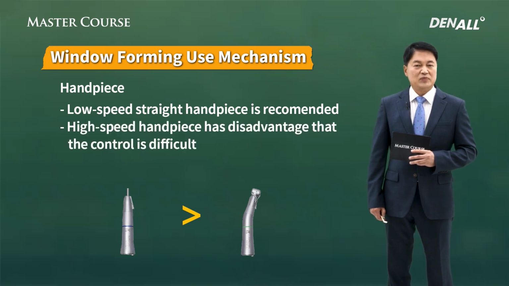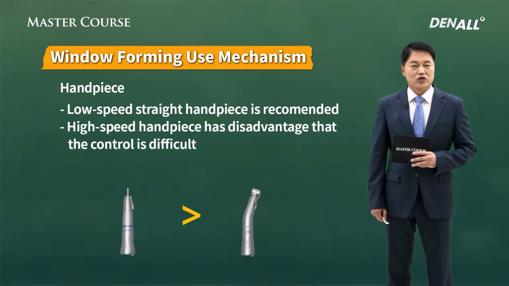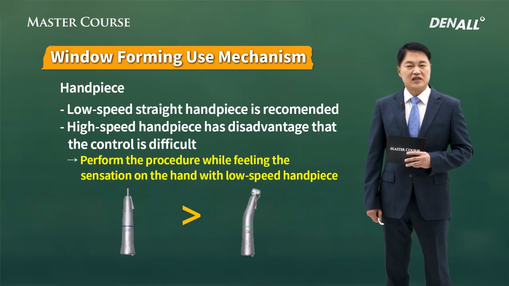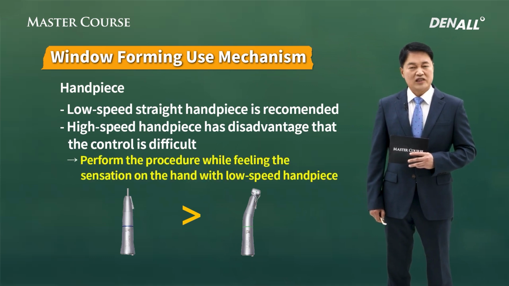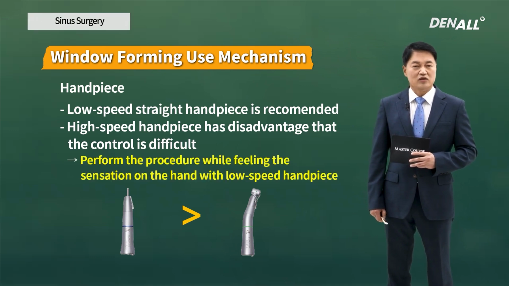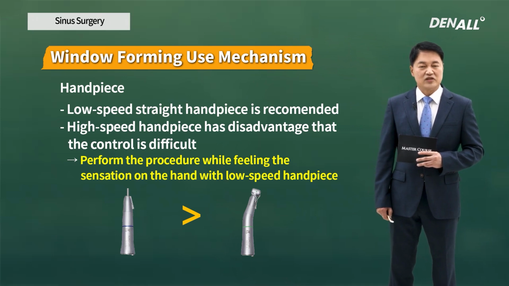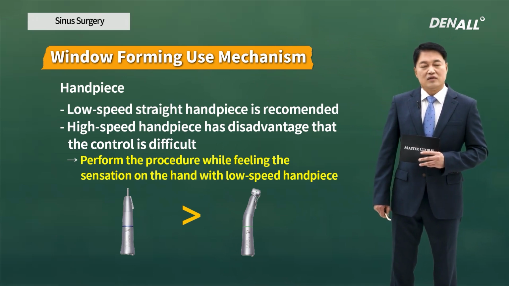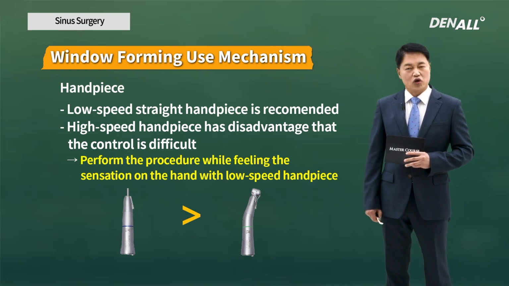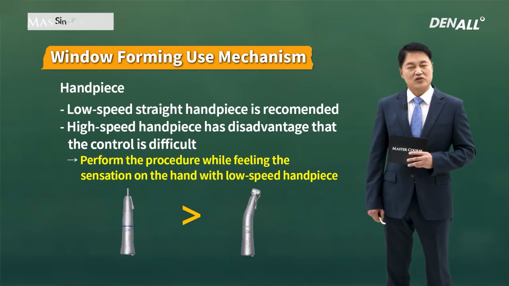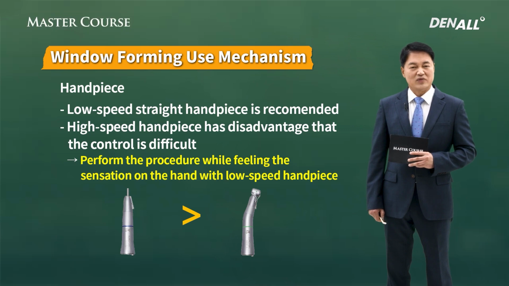In the case of a high-speed handpiece, it may be difficult to control and perform the procedure while feeling the sensation on the hand, so use the low-speed handpiece for aseptic surgery. If the window is too thick at times, you need to use high speed first. If you just use low speed, it may take too much time.